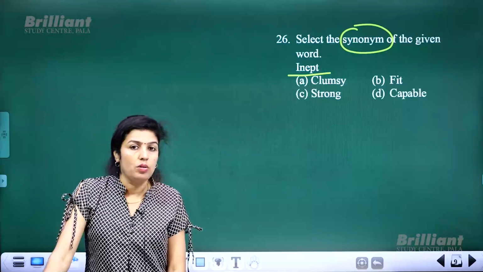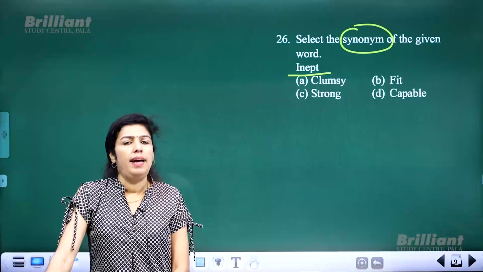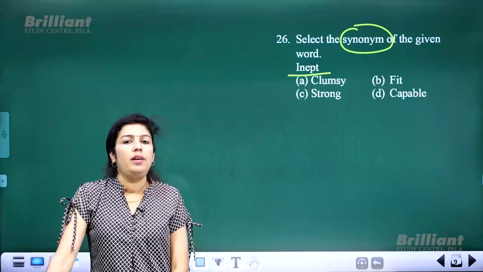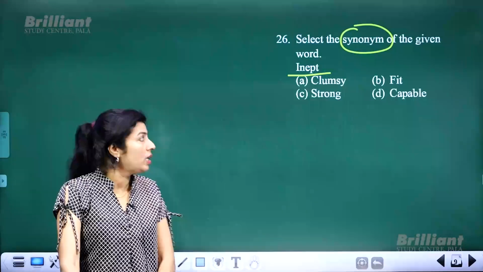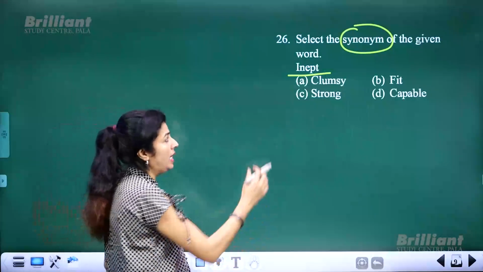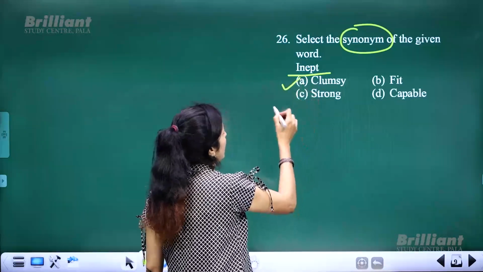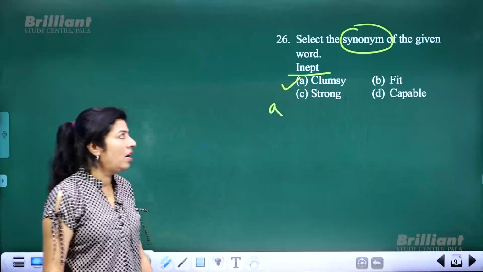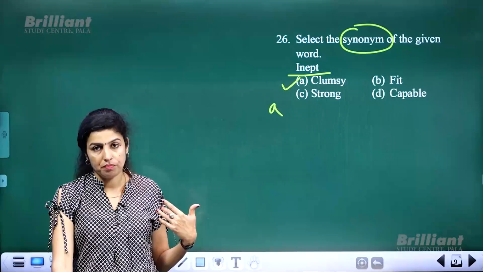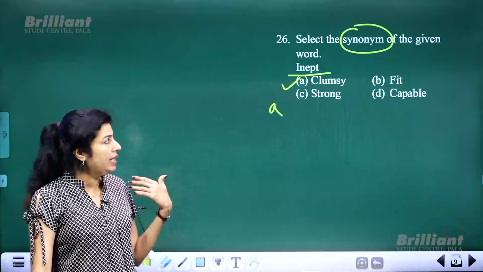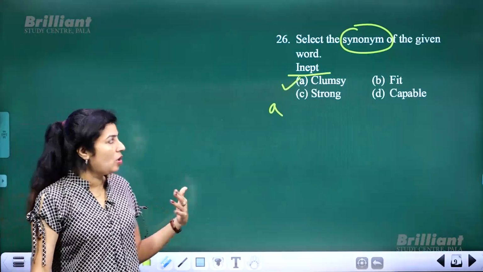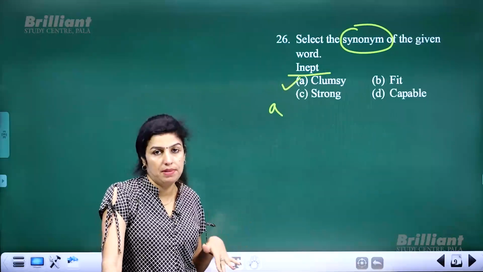Not so competent, not so careful and not so smart. So he is a bit clumsy. Inept means a person who is clumsy. Clumsy means not very efficient. So inept is not so efficient or clumsy.